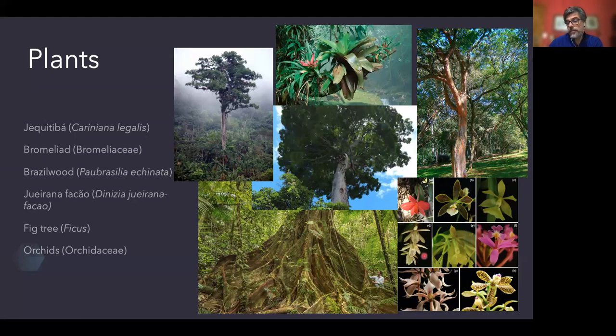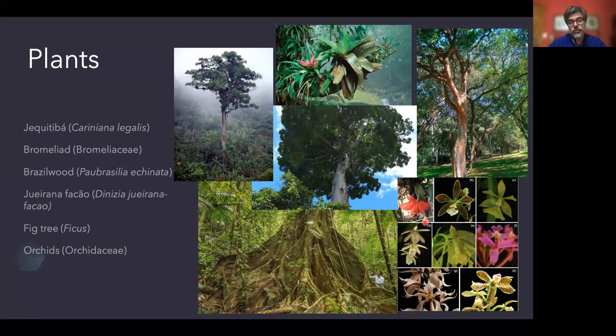And also the orchids. There are many species of orchids in the Atlantic forest. Some of them have very restricted distributions, very localized in very small patches.